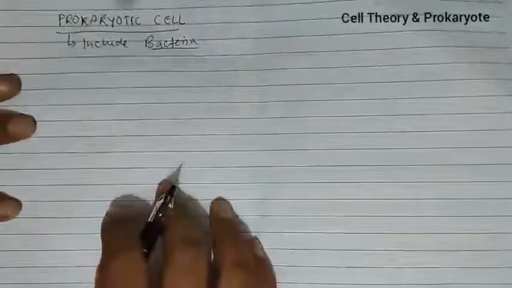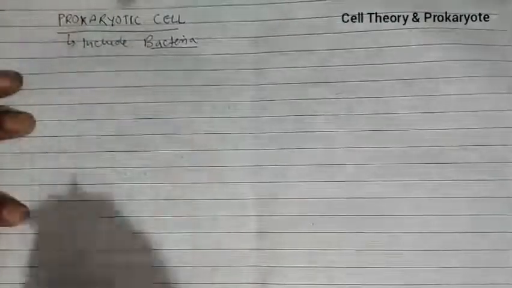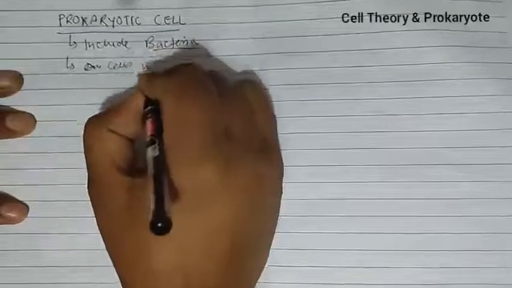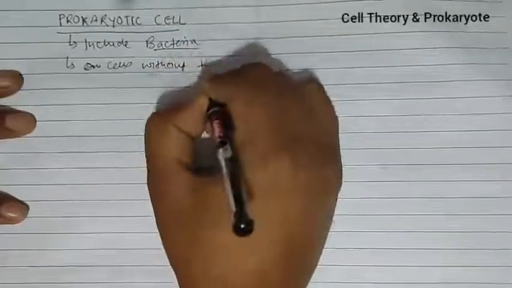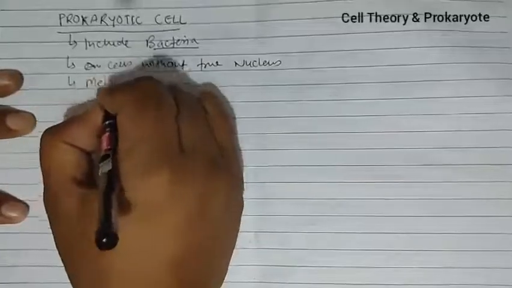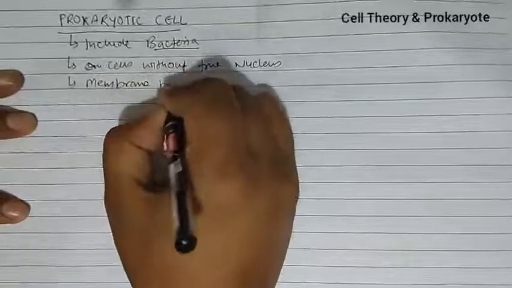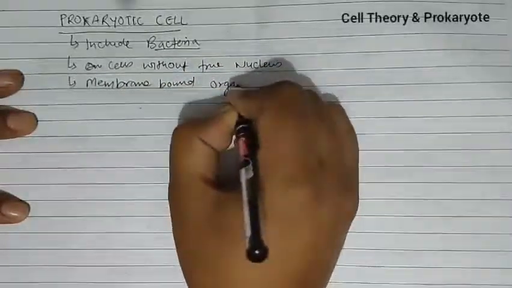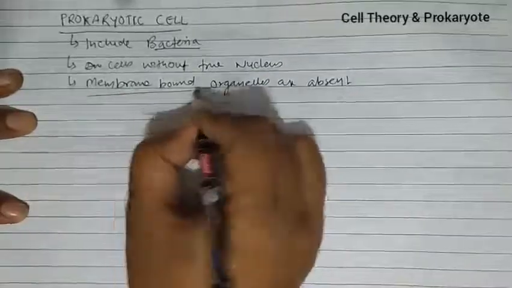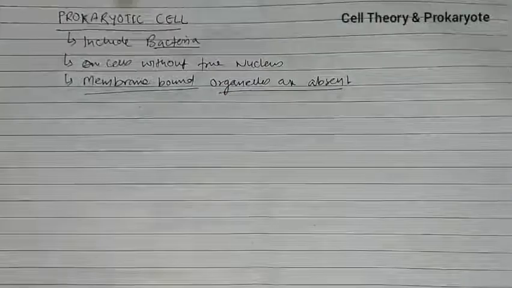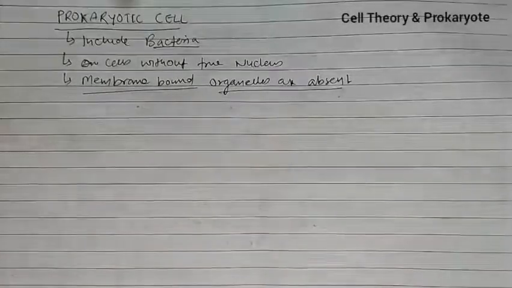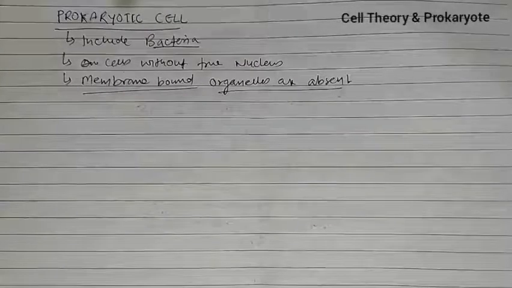We have to remember that these are cells without a true nucleus and membrane-bound organelles are absent. It does not mean organelles are absent. Organelles are present but they are membrane-less, like the ribosome.